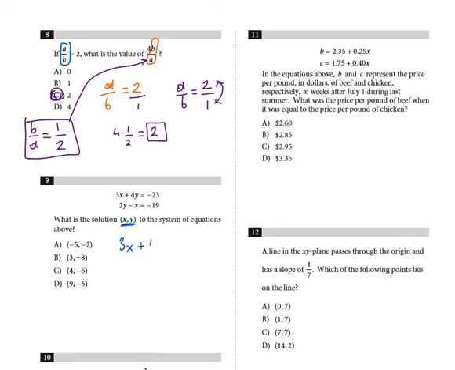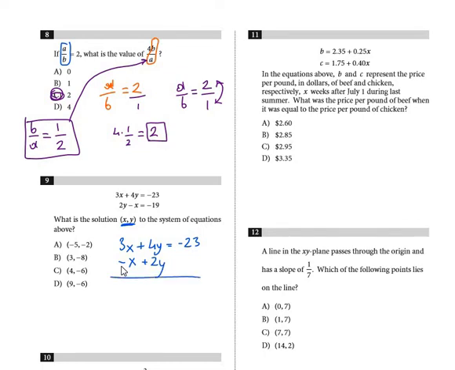For 3x plus 4y equals negative 23, and 2y minus x equals negative 19. Actually, we can rearrange this. Let's rewrite it as negative x plus 2y equals negative 19, writing the variables on top of each other.